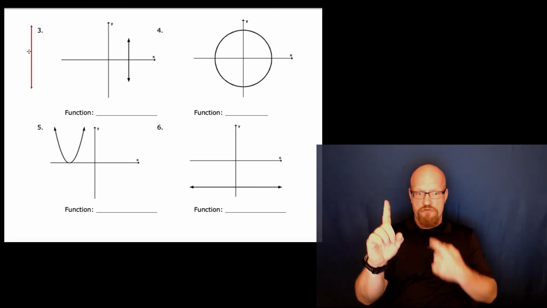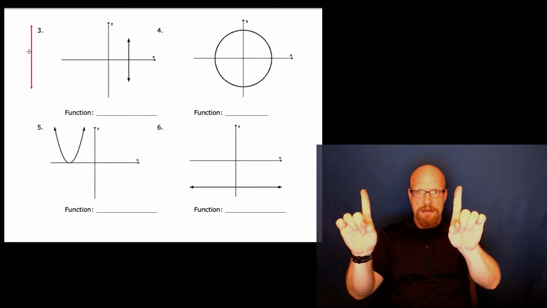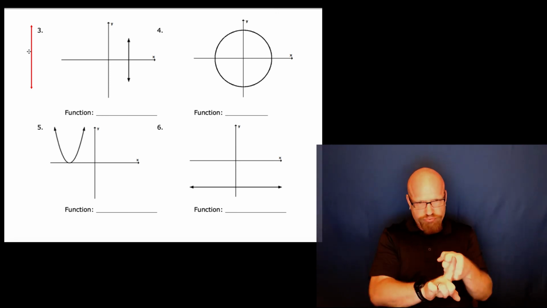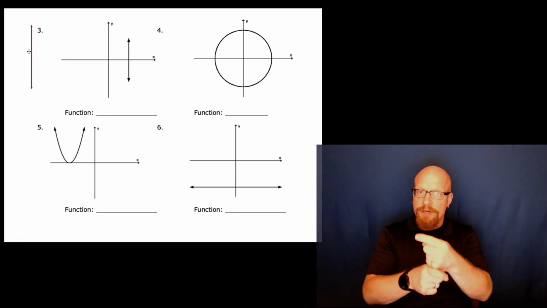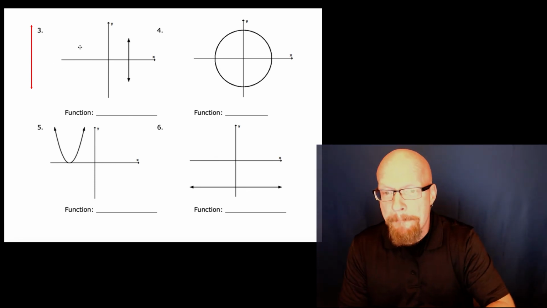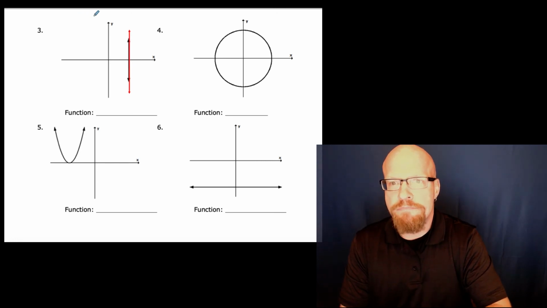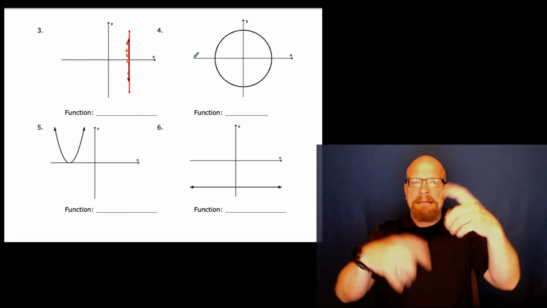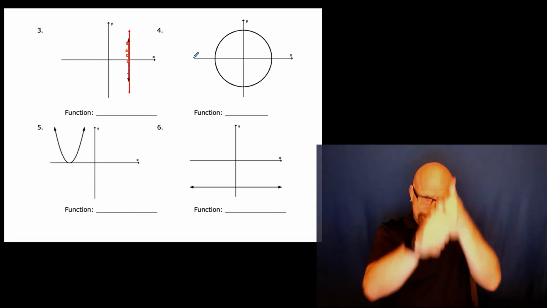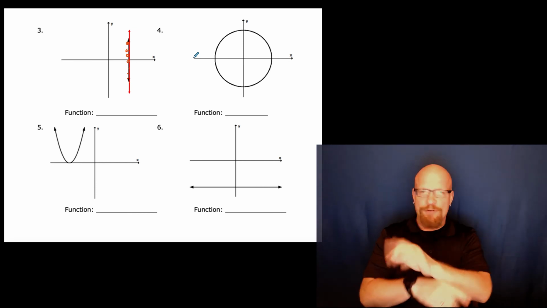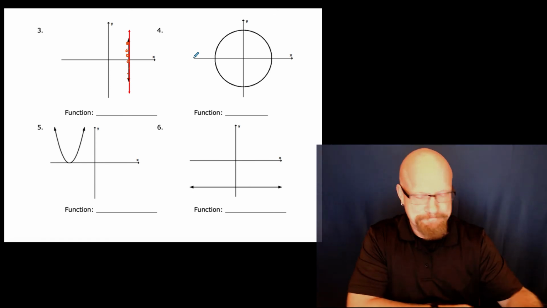Now I can look at number 3 and see that the red line is going to hit multiple times on the graph we have there for number 3. Really, it's infinitely many times. And this fails. It does not pass the vertical line test. It is not a function.